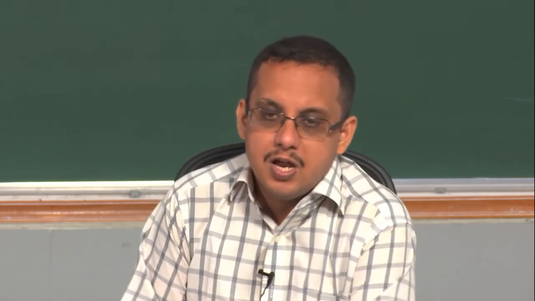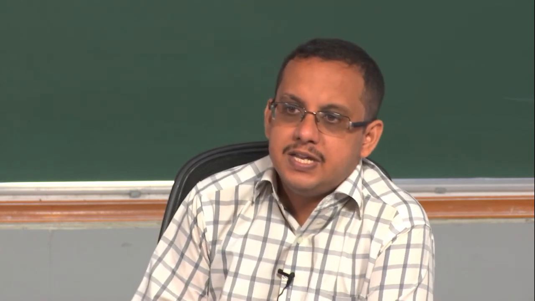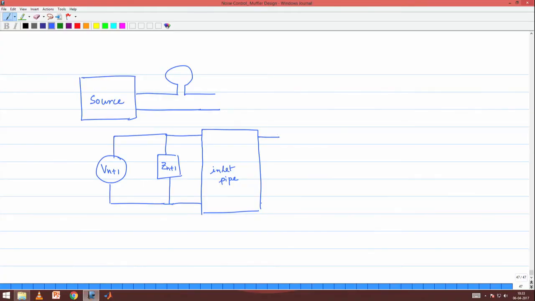So, we should not put the impedance associated with the inlet pipe in either inline position or shunt position, but we may put it in this form to denote that it is a distributed impedance, something which cannot be put in the two extreme cases. Then we should have a Helmholtz resonator, and the Helmholtz resonator will be in parallel as we have discussed. So, this I will call ZHEL, associated with the Helmholtz resonator, and then you will have the tailpipe.